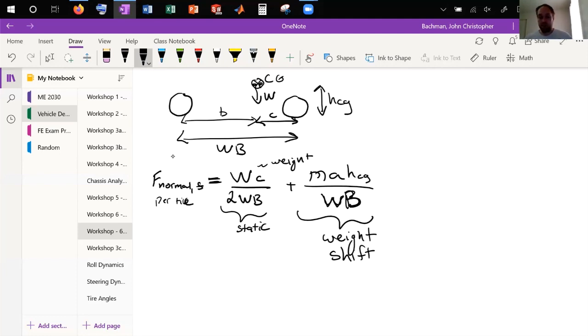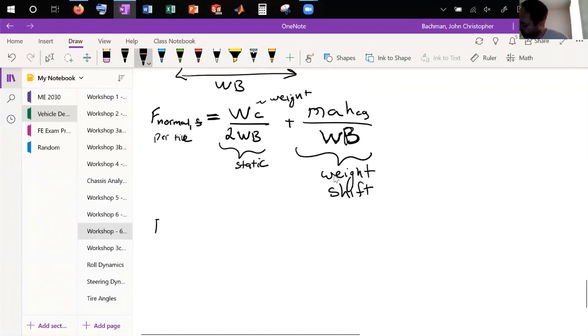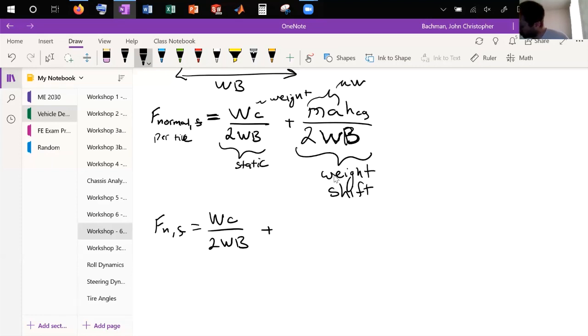And so if we assume that the maximum acceleration is mu, then we can say this F normal of the front is going to be equal to weight times C over 2 times the wheelbase, plus, if the max force you can get is mu times W, mu times W times the height of the CG over 2 times the wheelbase.